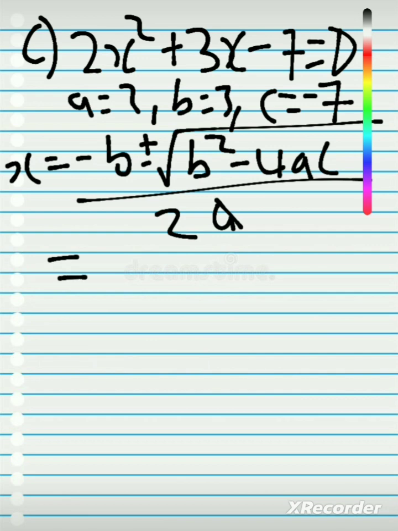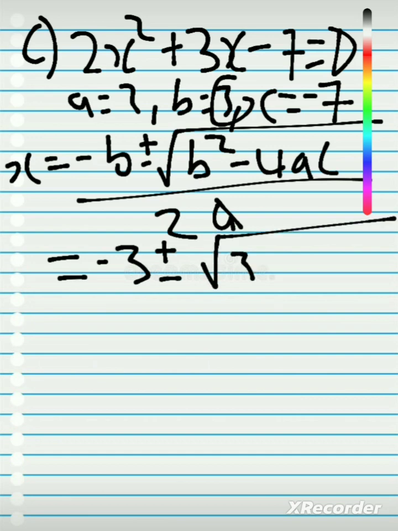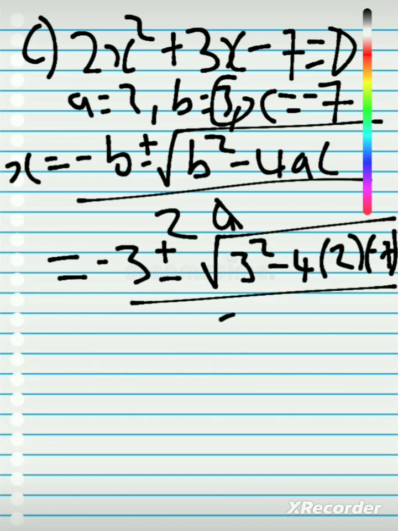So negative b, and this time b is 3, so we just put 3 there, plus or minus square root of b squared, 3 squared, minus 4. What is a? 2. What is c? Negative 7. Over 2, what is a? A is 2.